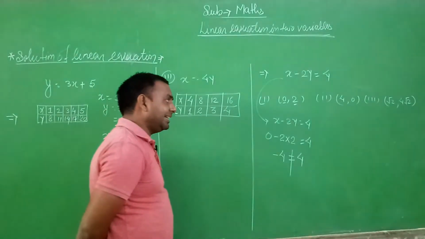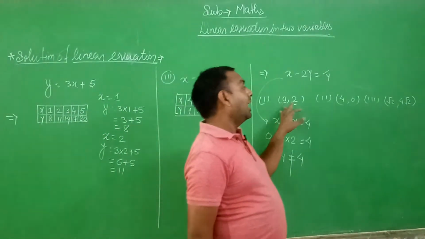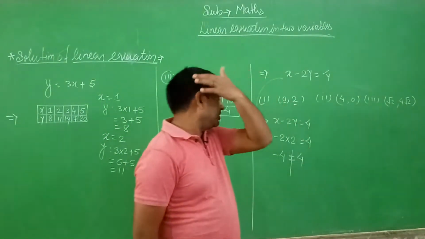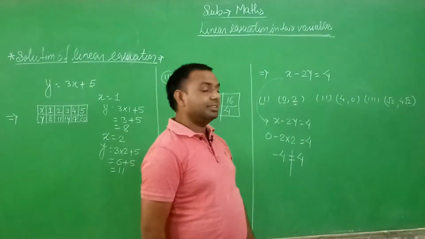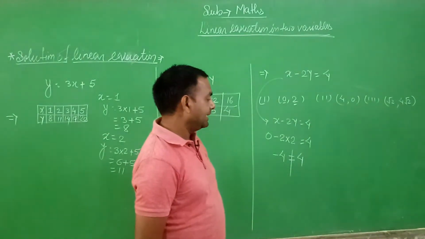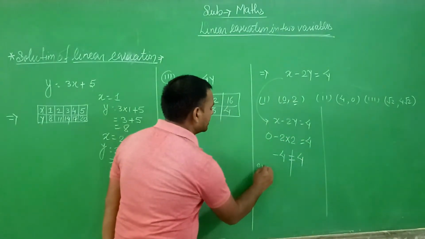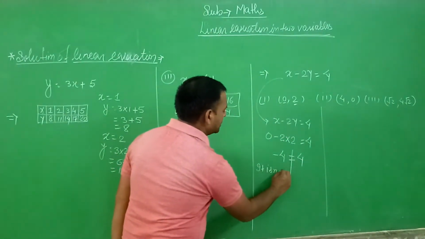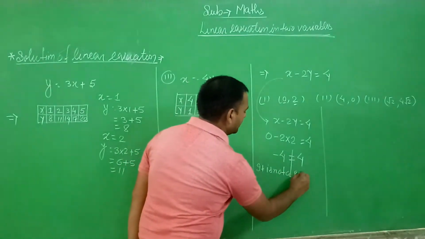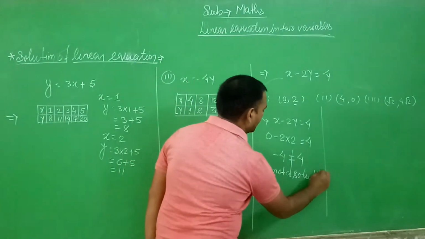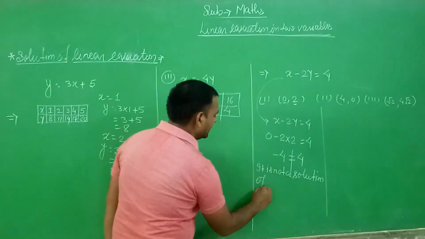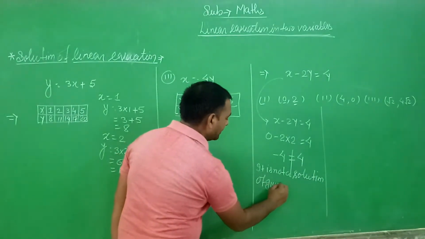So you can say 0 and 2 is not a solution of the given equation x minus 2y is equal to 4.